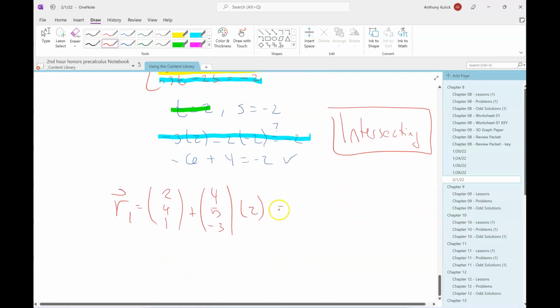So when I do that and I perform the vector operations, 4 times 2 is 8, plus 2 more is 10. 2 times 5 plus 4 is 14. And 2 times -3 plus 1 is -5. So my point of intersection would be (10, 14, -5).